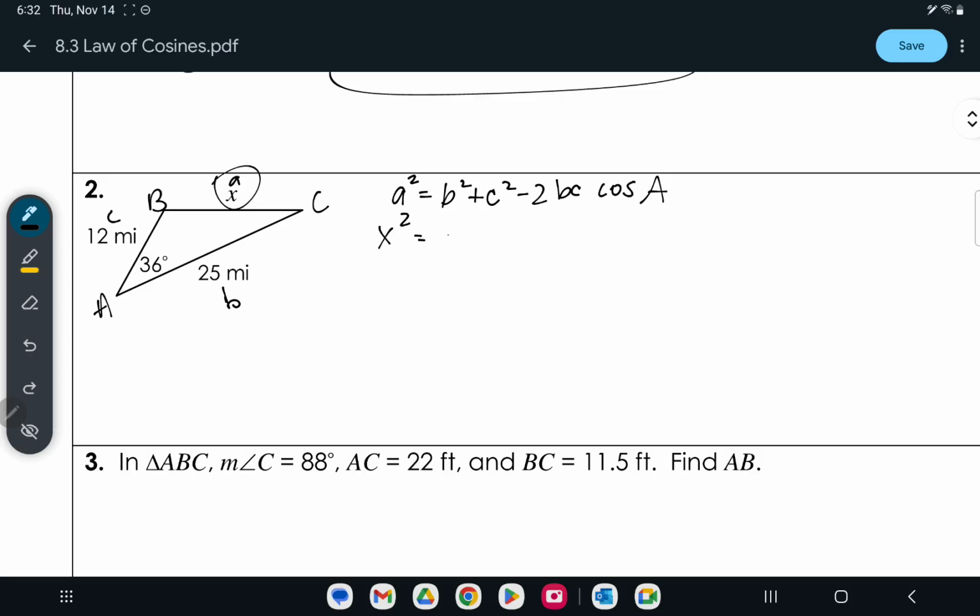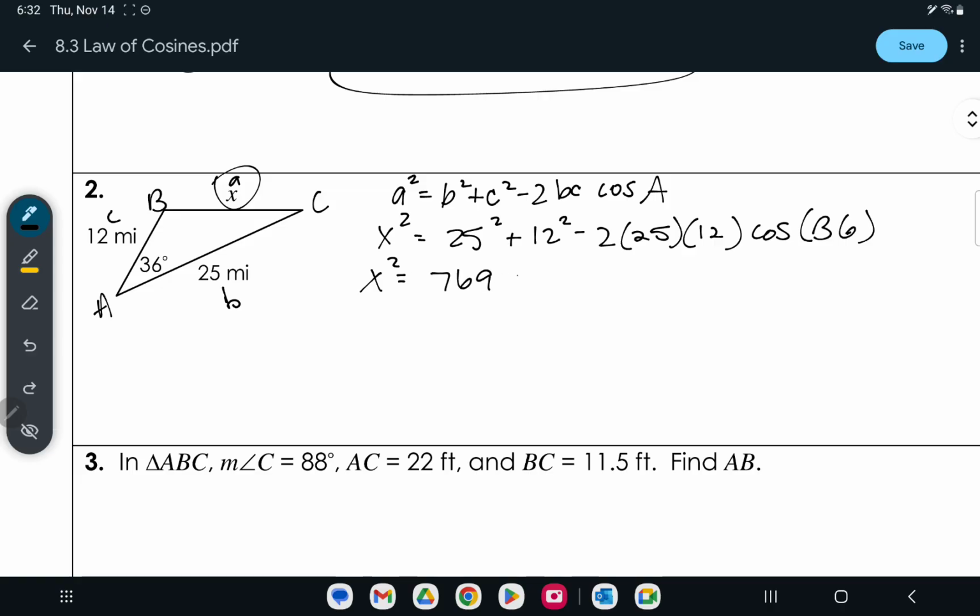So x squared equals 25 squared plus 12 squared minus 2 times 25 times 12 times cosine of A, which is 36 degrees. Similar idea, I can get some of these numbers. So 769 minus 600 cosine of 36. Then I can square root both sides, taking the positive since we're talking about side length, and I get 16.8 miles.